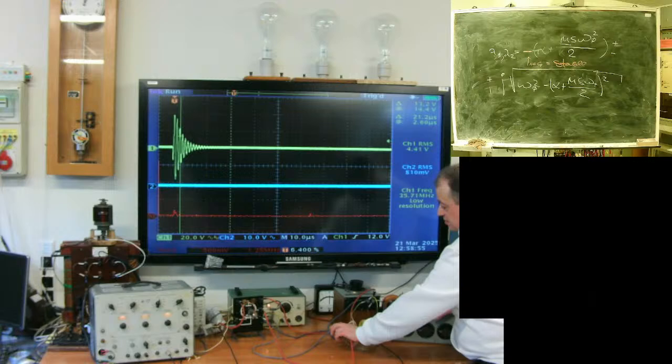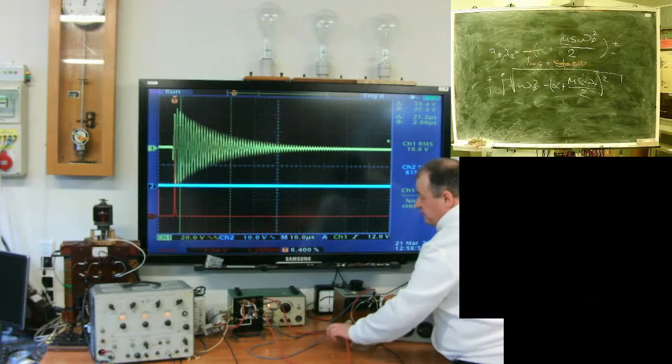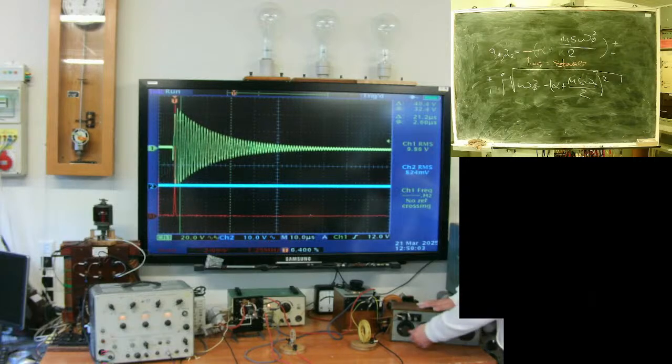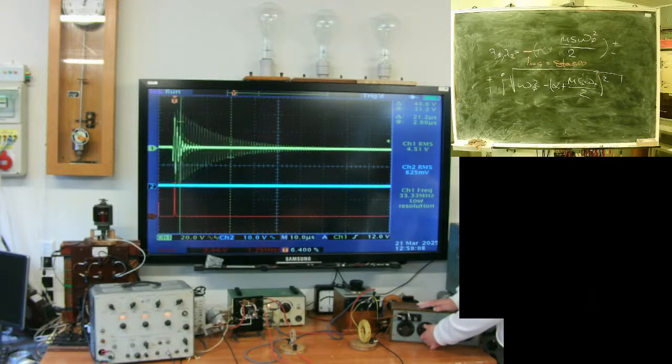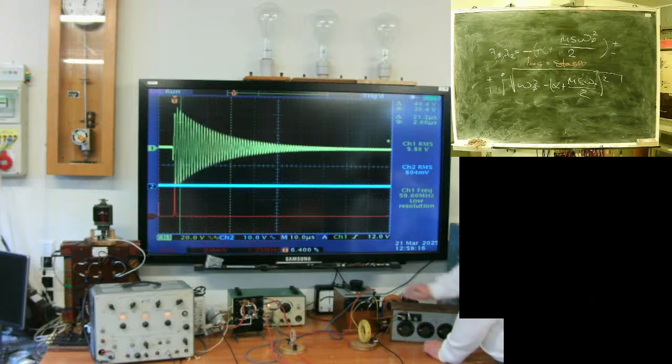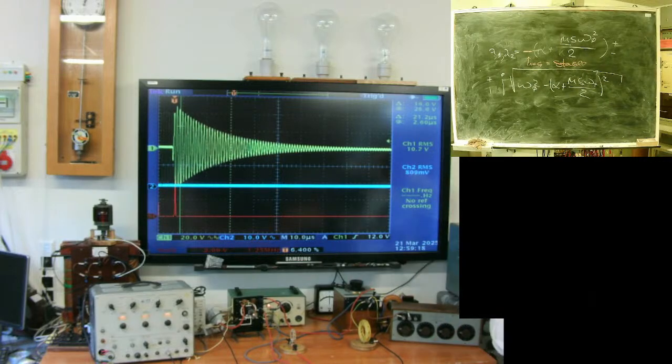Increased negative feedback makes systems stable. The same way, I increase losses, and the system is stable. Okay, this one is with negative feedback.